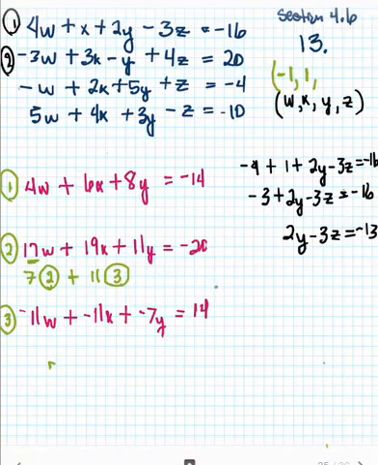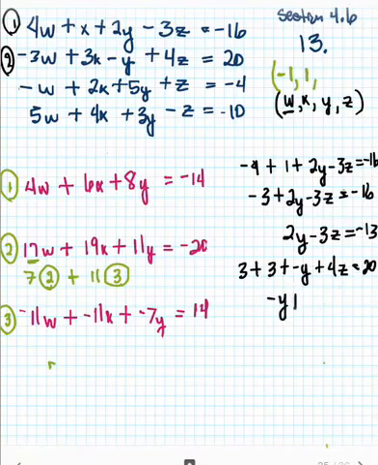So -3 times -1, because w is -1, don't forget. -3 times -1 is 3, plus 3 times 1, just 3, plus the opposite of y plus 4z, and that's going to equal 20. So 6, I'm going to subtract 6 from both sides. So it's going to be the opposite of y plus 4z equals 14. That's my 2 equations.